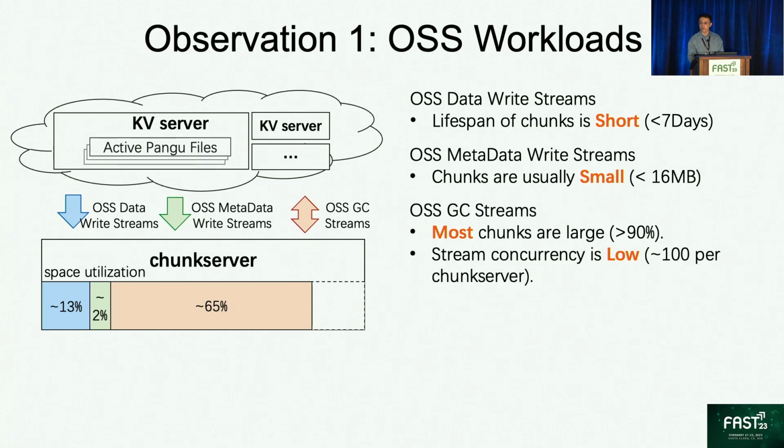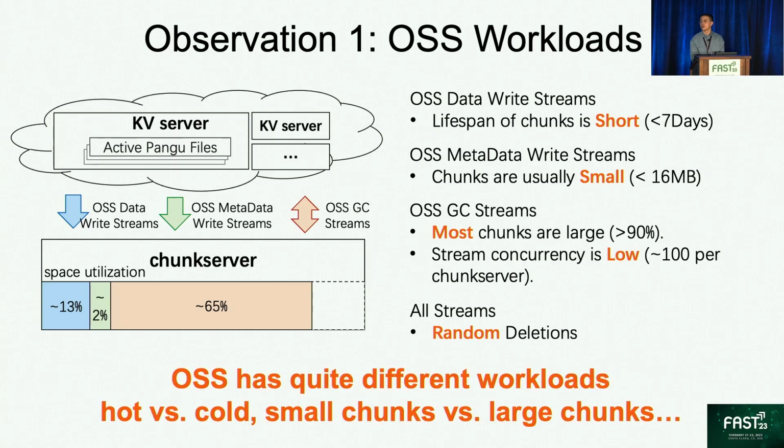The number of streams, called stream concurrency, is usually around 100 per chunk server. All three kinds of streams perform random deletions within a period of time. We can see that OSS streams have quite different characteristics in data hotness, chunk size, and data volume.